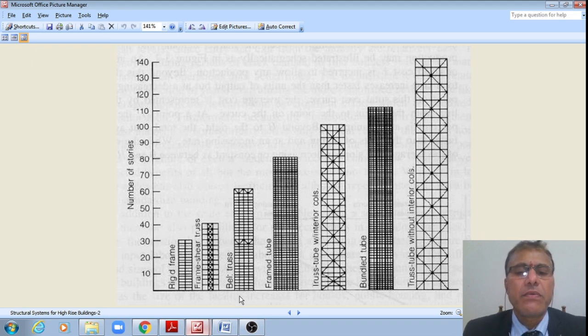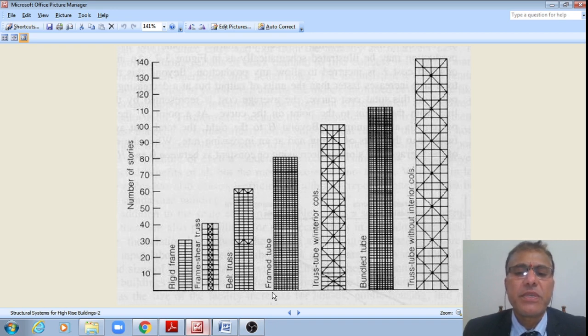The third one is belt truss. These horizontal beams are called outriggers, and these vertical columns are called outrigger columns, and this is called a belt system. Hence this is called an outrigger belt truss system, which can be adopted up to 60-story buildings.